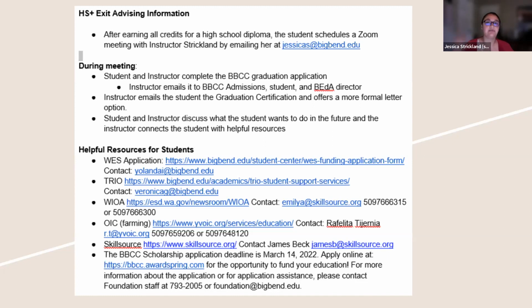Is this what you still want to do? 99% of the time it's a yes, and we would set that up, and I would give them whatever resources I could provide them, whether that's WES Skill Source, whatever it is that I could help them with, and then put them in contact with their next advisor, which is usually WES.